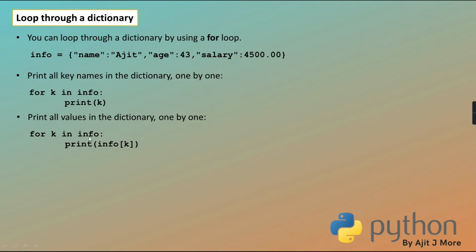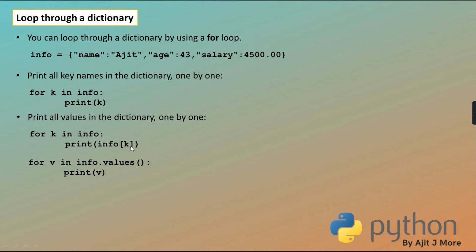See, for k in info. So when you use this dictionary in a for loop, it will keep returning one by one key, name, then age, then salary, and then while printing info of name, info of age, info of salary.